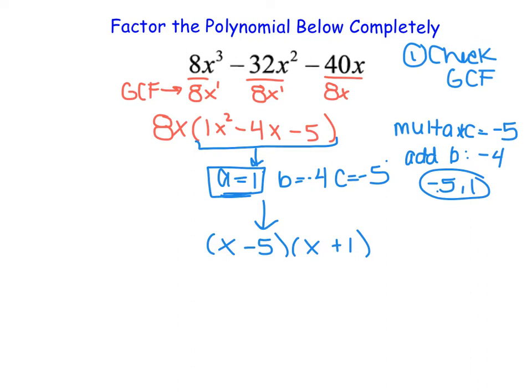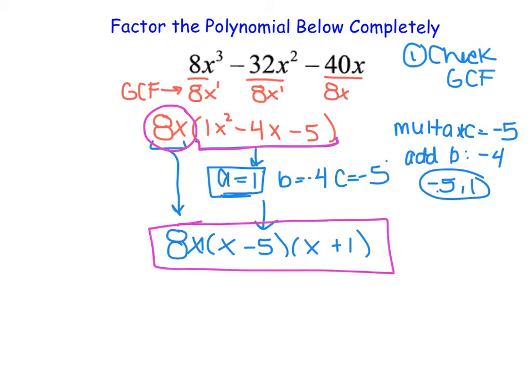It allows us to use this shortcut. And then the 8x that we factored out first gets carried down. So we started off by factoring out our greatest common factor of 8x, and then we used the ABC strategy to factor that further to be x minus 5 times x plus 1. And at this point, our polynomial is now fully factored.